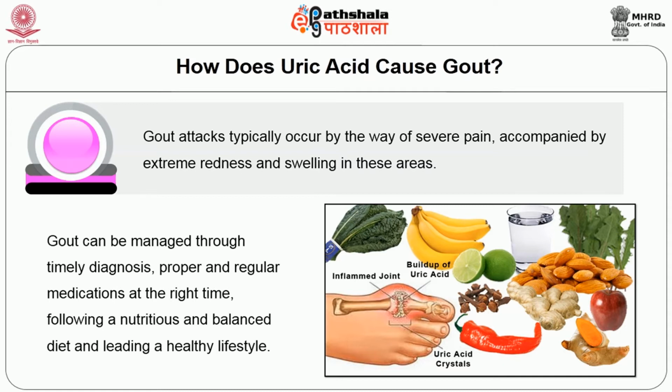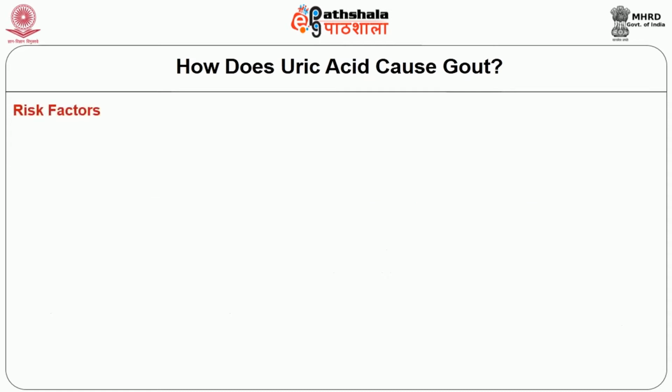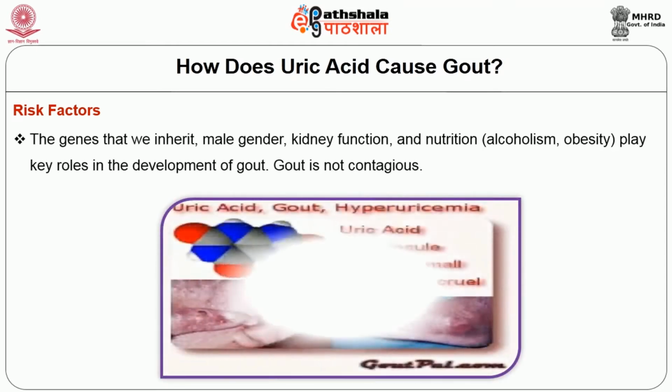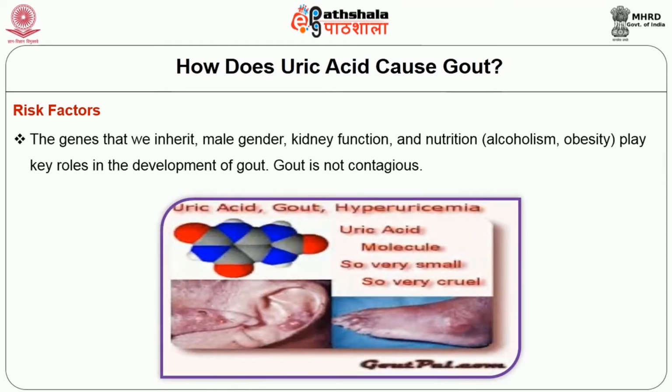Now, let us learn the risk factors of gout. The genes that we inherit, the male gender, kidney functions and nutrition, that is whether the person is alcoholic or obese, also matter. They play a key role in the development of gout. Gout is not contagious, one has to remember this.